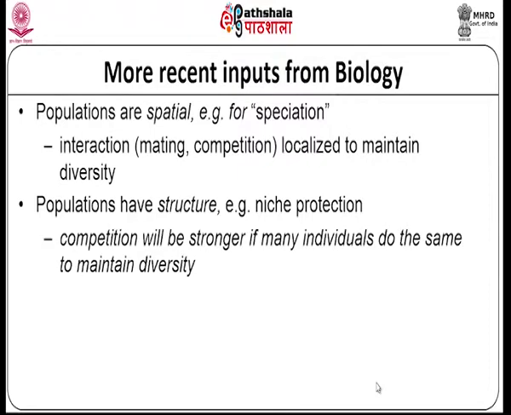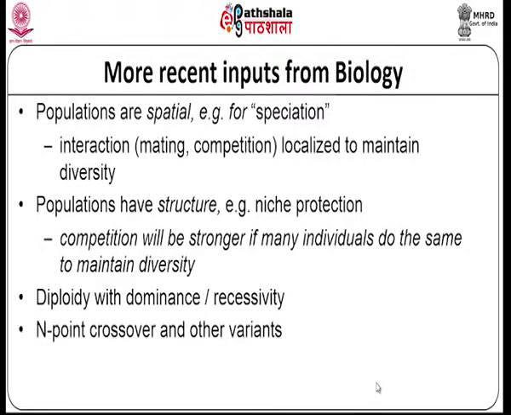It is not that populations do not have any structure. Competition will be stronger if many individuals do the same thing, which maintains diversity. So, if all the individuals are the same, the competition will be stronger, and this is deployed with dominance or recessivity.